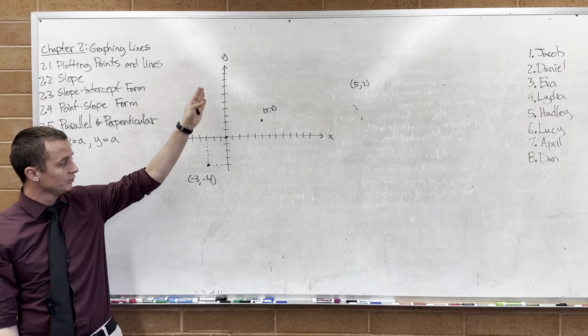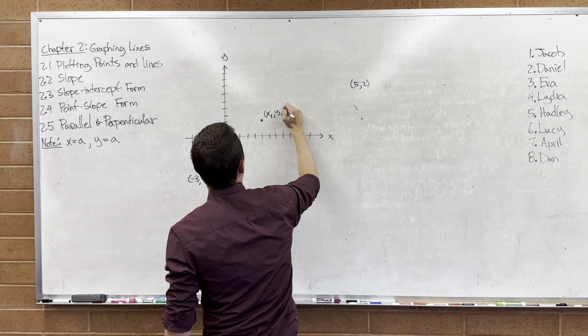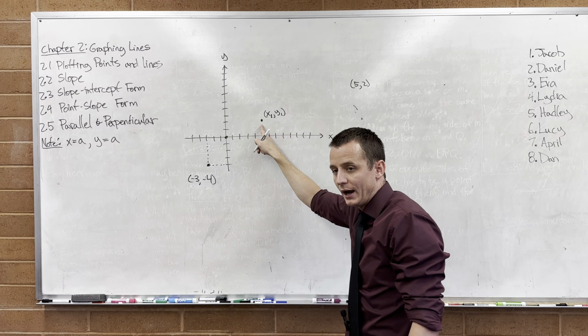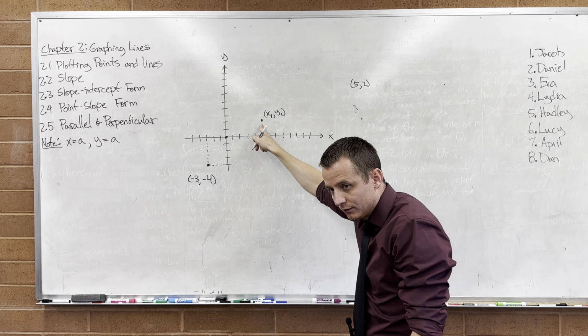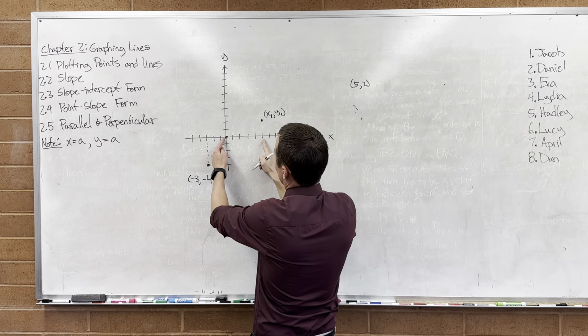Fairly intuitive, right? Now, if I give you an arbitrary point, let's look at the point x1, comma, y1. What is that point? That is a point whose distance from here is x1, and whose distance from here is y1.